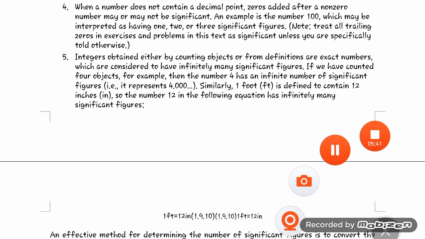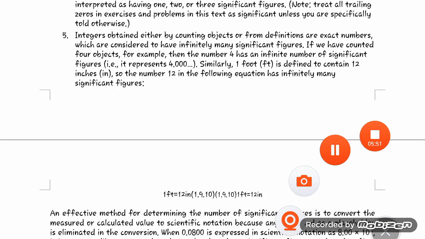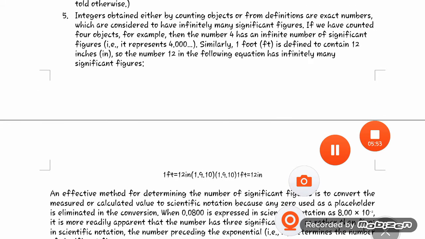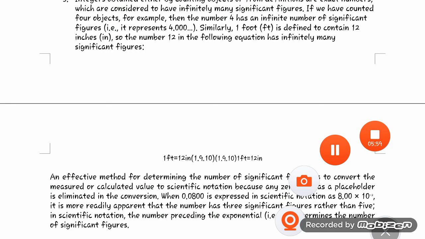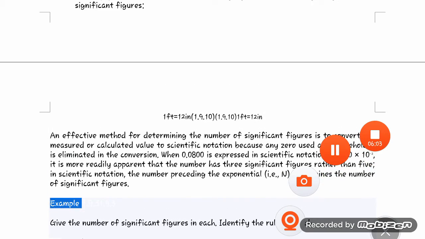If we have counted four objects, for example, then the number 4 has an infinite number of significant figures. Similarly, 1 foot is defined to contain 12 inches, so the number 12 is an exact number with infinite significant figures.